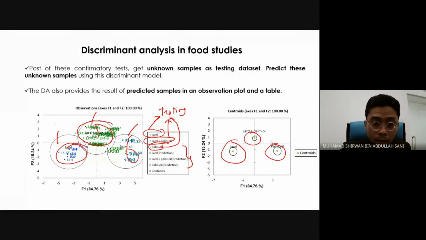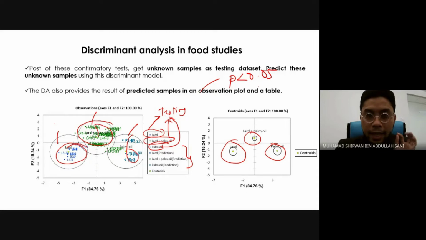But from here you can see the DA is able to predict samples in the observation plot, but bear in mind at p-value less than 0.05, meaning that they still allow 5% error.